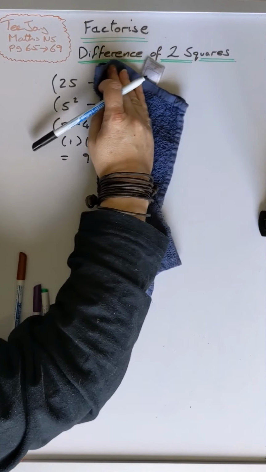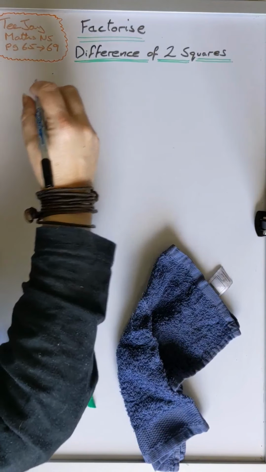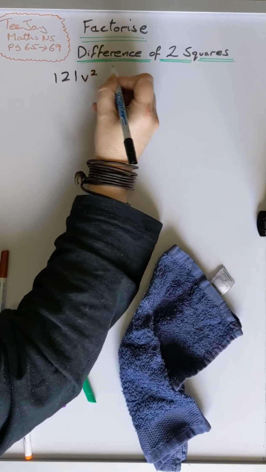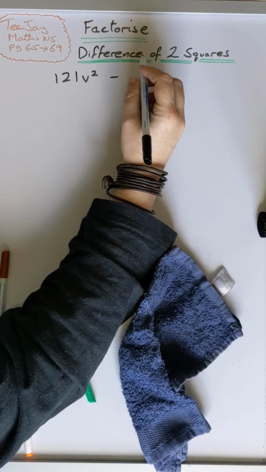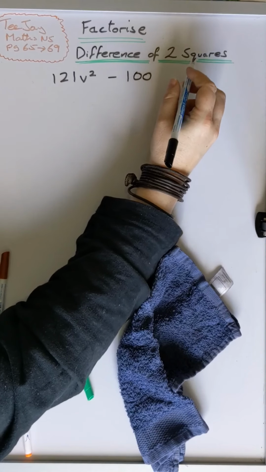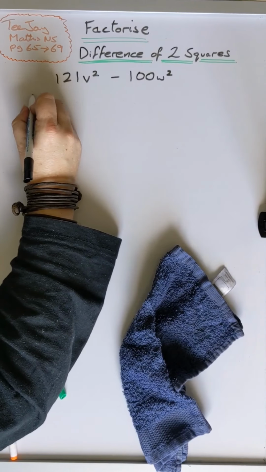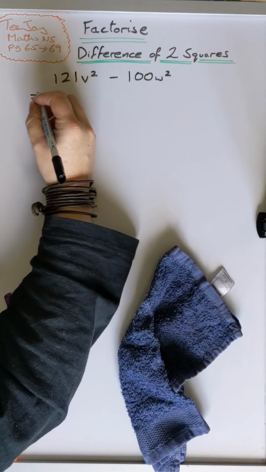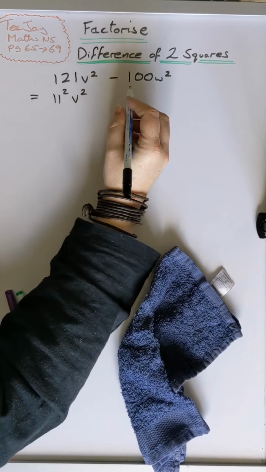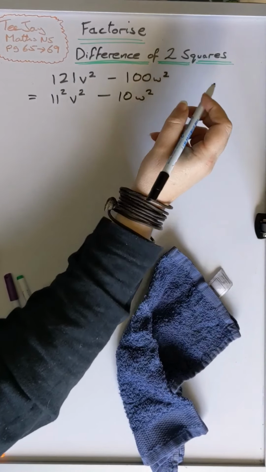Like I say, you would not do it with real numbers. So I'll show you it with an actual letter in there. I've shown you the simple one, x squared minus y squared. This time we'll do 121v squared minus 100w squared. For those of you who've learned your square numbers, you would know that 121 is 11 squared, v squared, and 100 is 10 squared, w squared.